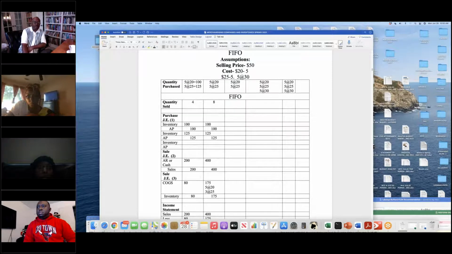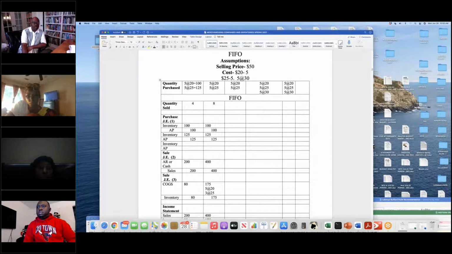So let's see what happened. We still selling at 50. So we bought 5 at 20, 5 at 25, and we sold 8 pairs of shoes. We make the purchases, and as we make the sales, same thing.